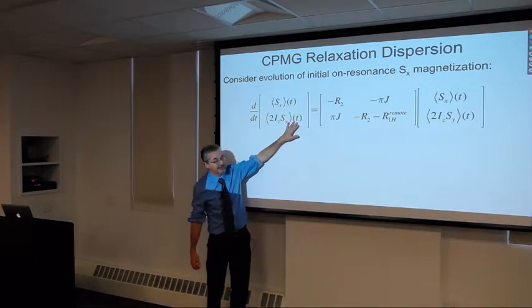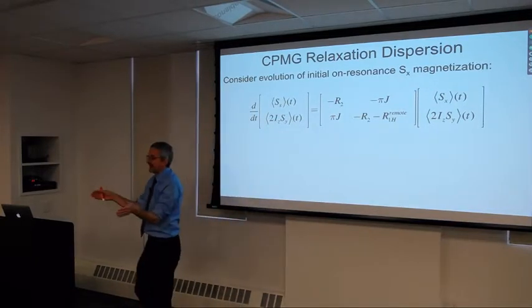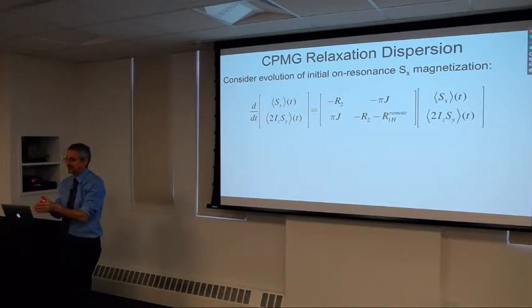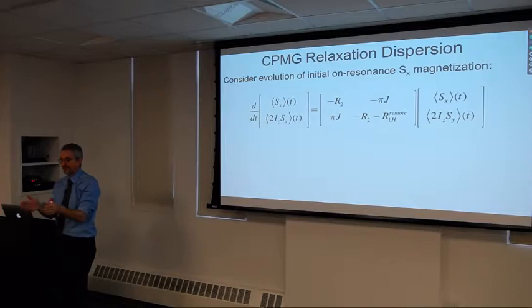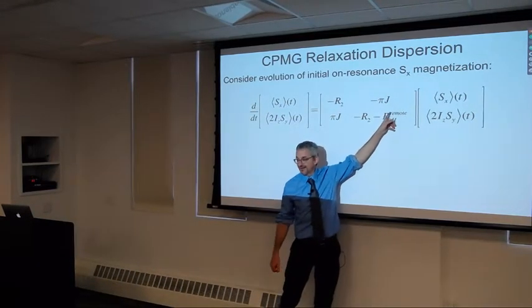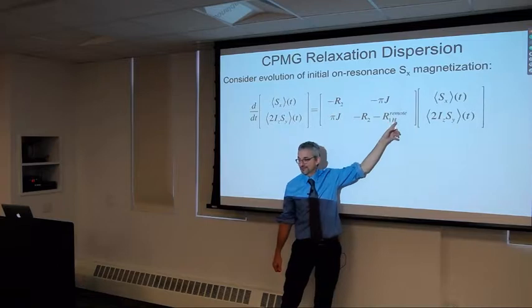And the problem then is, as we change tau CP, our goal in the dispersion experiment is to change tau CP so that when tau CP is small, we're pulsing faster than the kinetic jump rate, and when tau CP is long, we're pulsing more slowly. So we see a dispersion in the relaxation rates. But as we change tau CP, we're also going to change how much we mix in the contribution from the remote protons.